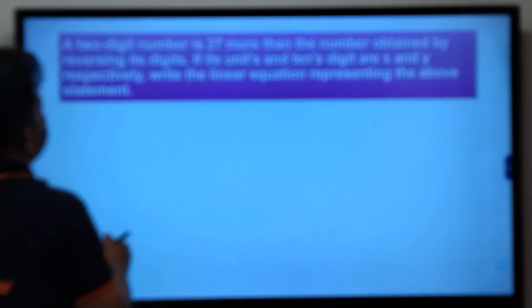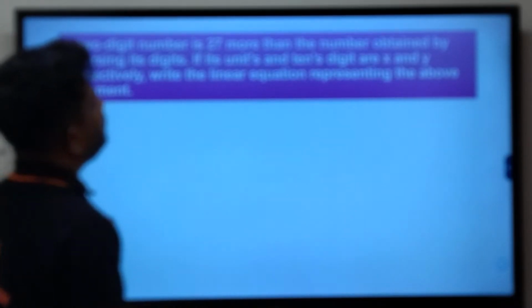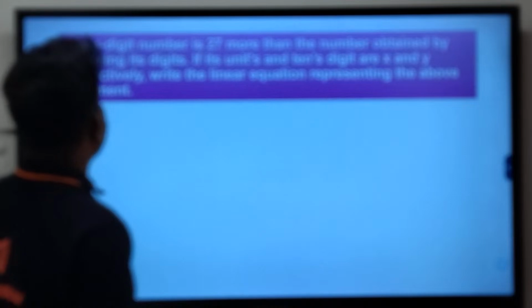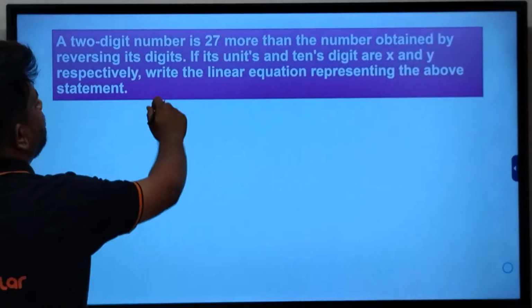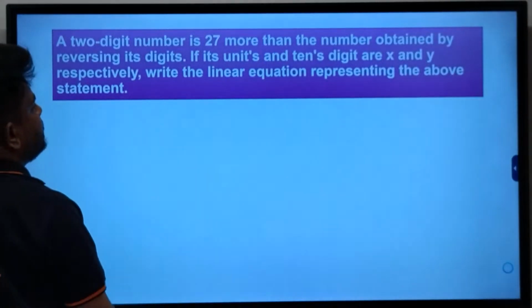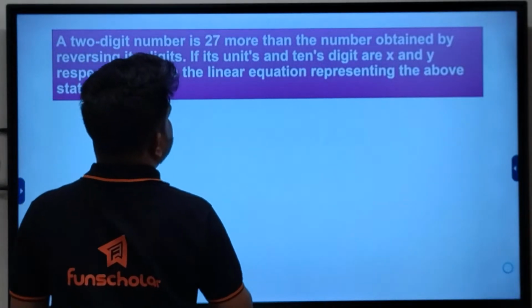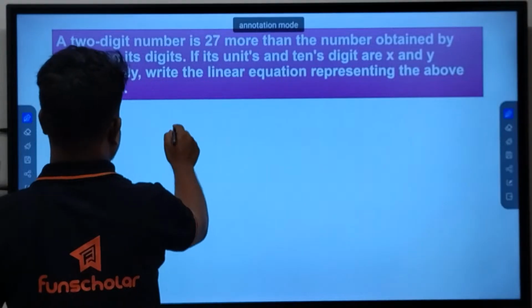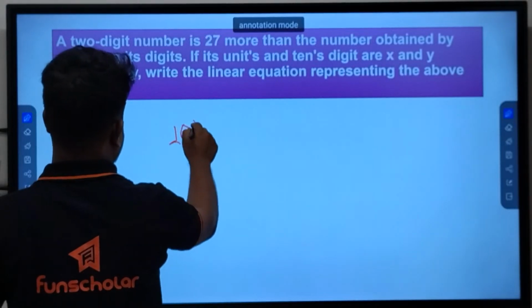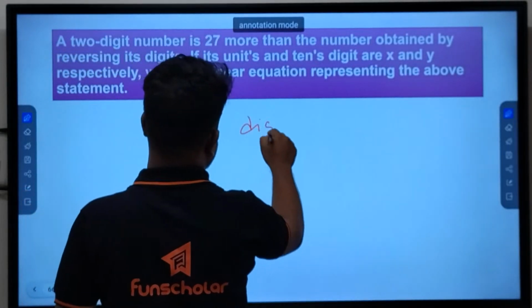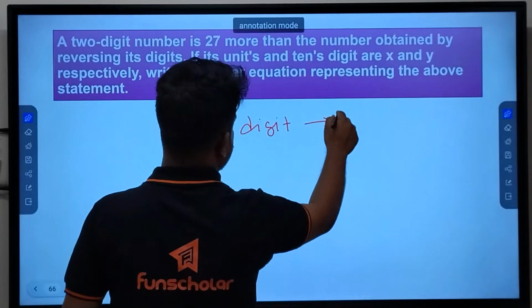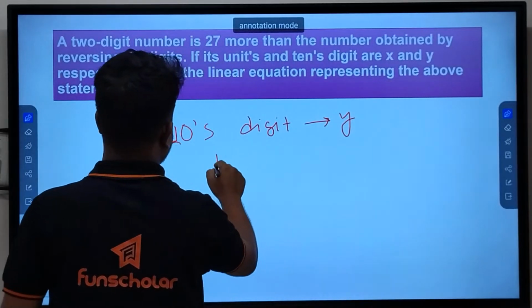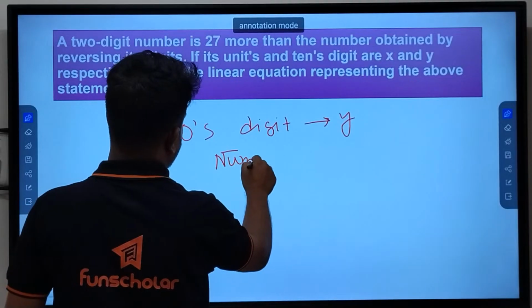So a 2-digit number is 27 more than the number obtained by reversing its digits. The tens digit, they have told us, is y. So the tens digit is y.